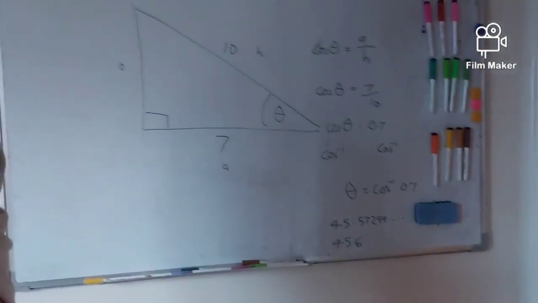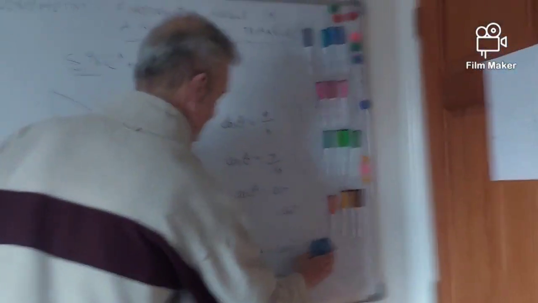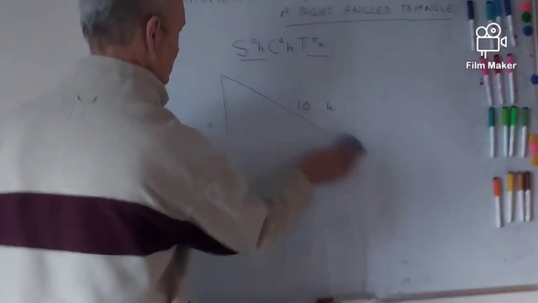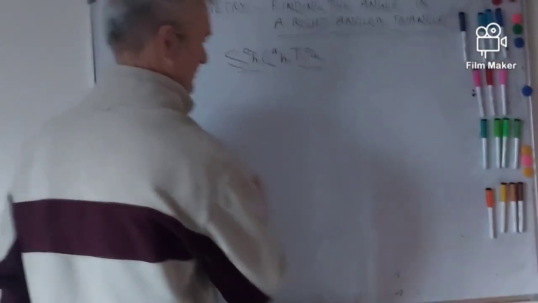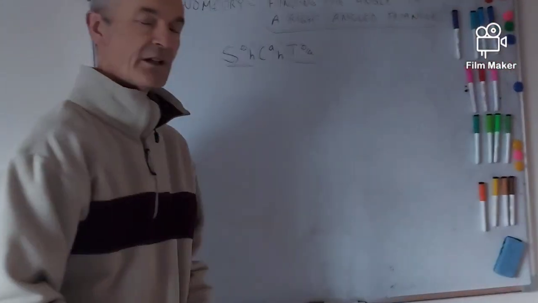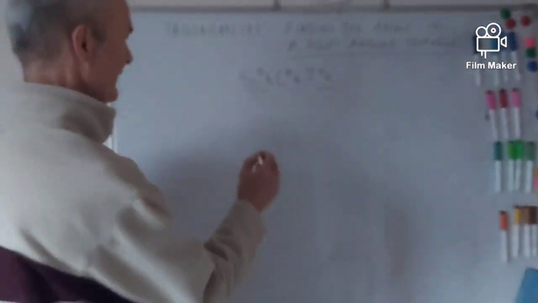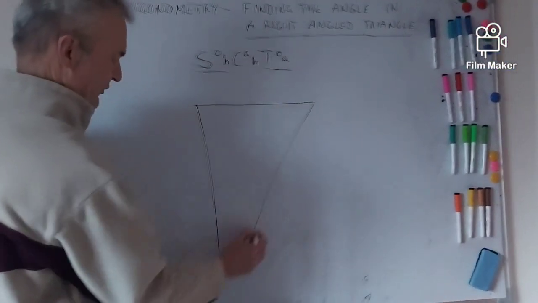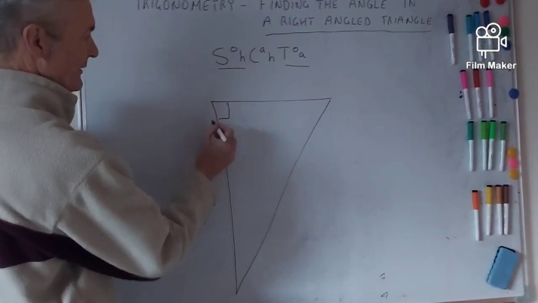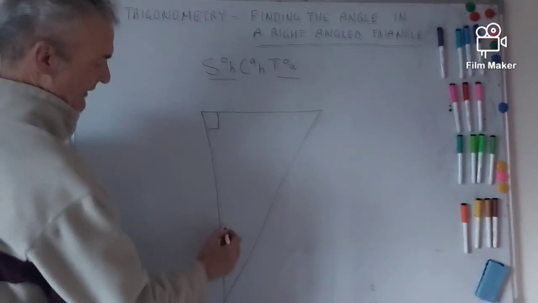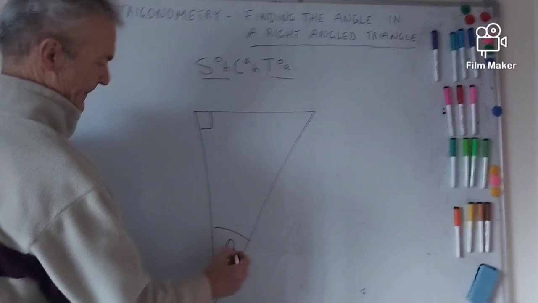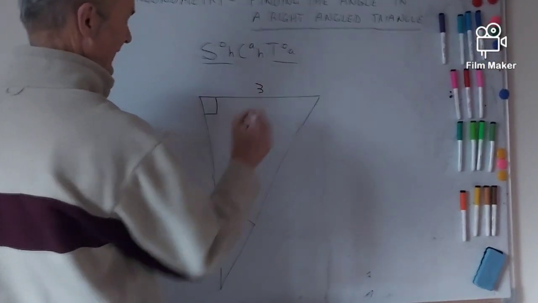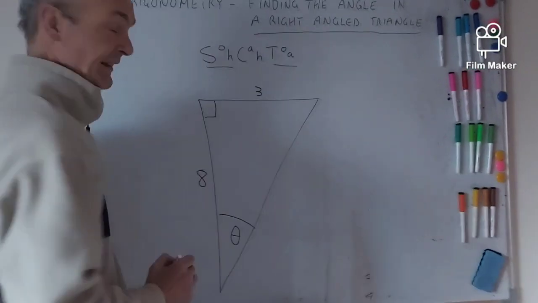Let's have a look at another one. Okay, so we're going to look at a triangle orientated slightly differently this time, because they can come at you in any way. So here's our triangle here, right angle up here. We're going to be trying to find this angle here, and we are given that side and that side.